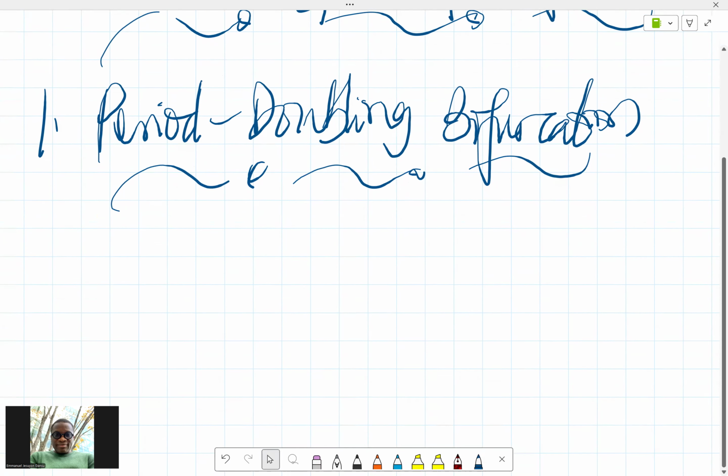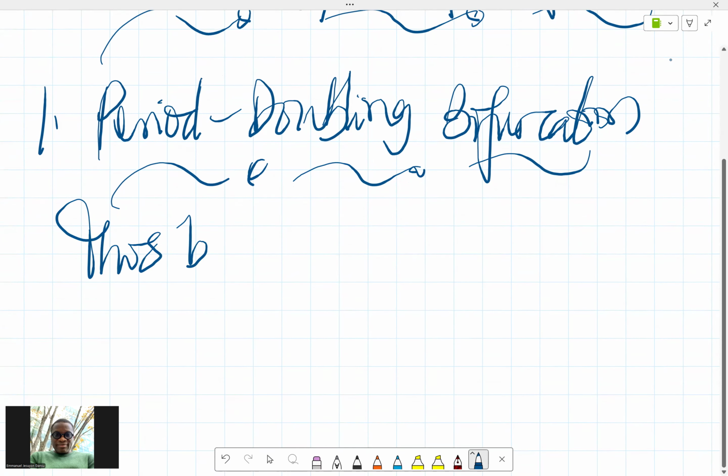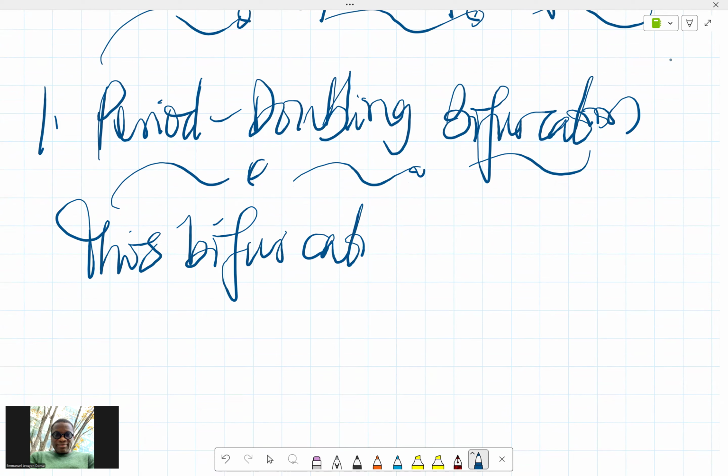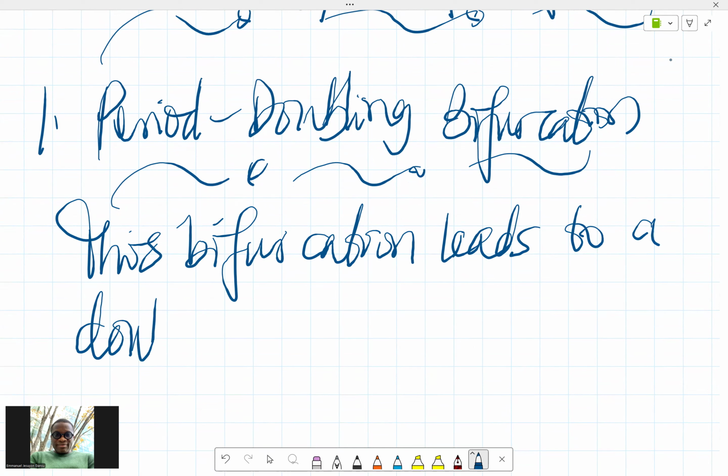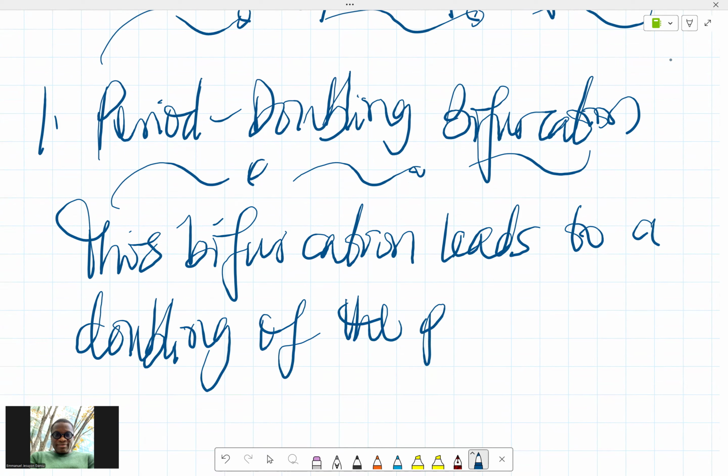This bifurcation leads to a doubling of the period of oscillation.